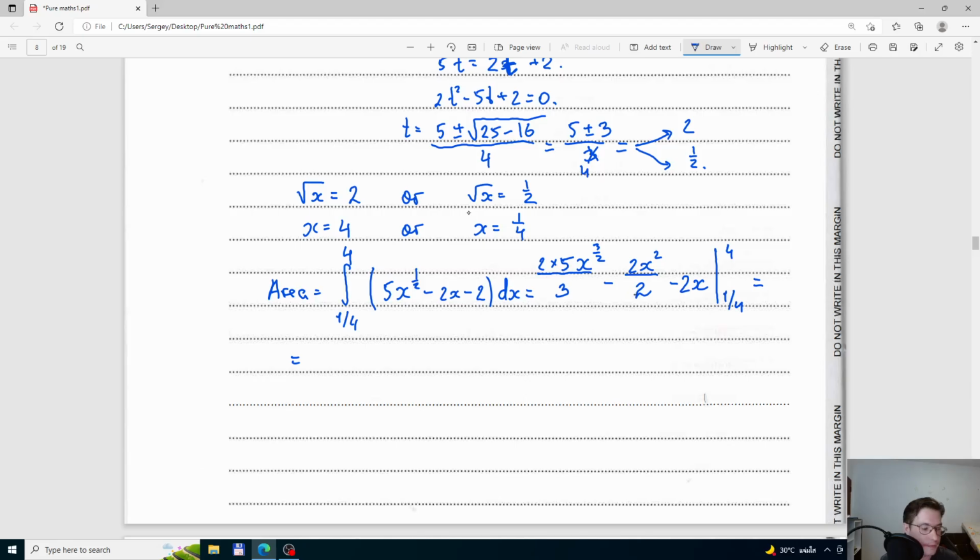Now, time to substitute the upper limit. It's going to be 80 over 3 minus 16 minus 8, minus, let's substitute the lower limit, don't forget the bracket, it's 5 over 12 minus 1 over 16, and then minus a half, which gives me 8 over 3 minus again 7 over 48.